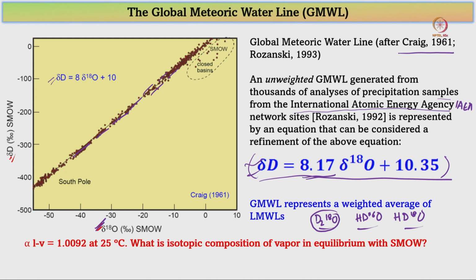So, having this relationship is a huge benefit, because it also allows us to check the accuracy of a data set.